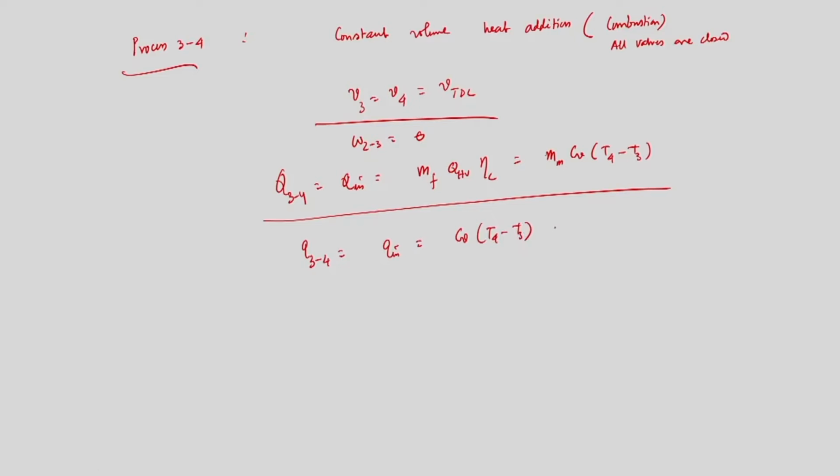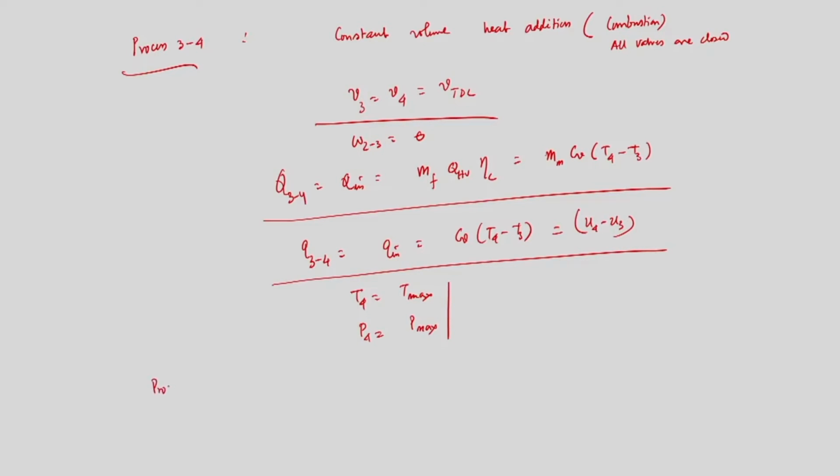So this is essentially U4 minus U3. This is the heat addition in the combustion process, and T4 is equal to T max, as can be seen from the TS diagram, and P4 is equal to P max. So this is process 3 to 4, the constant volume heat addition process, fine.